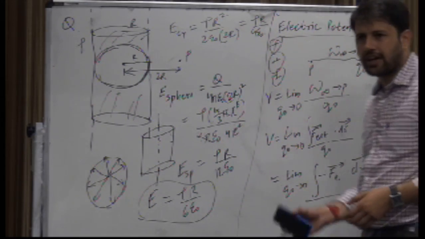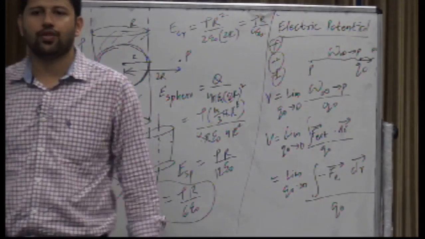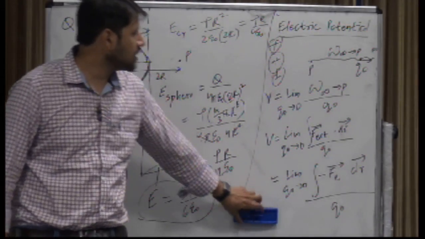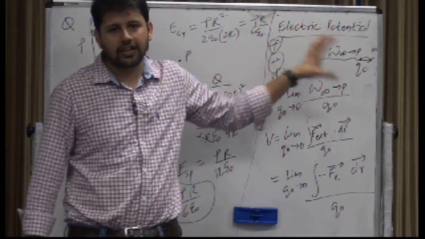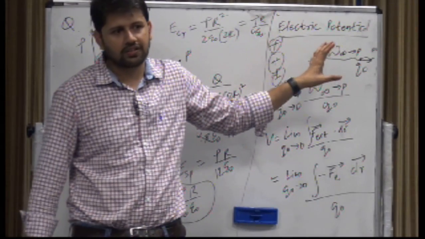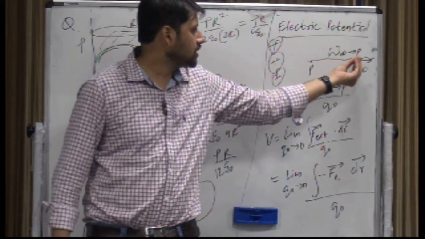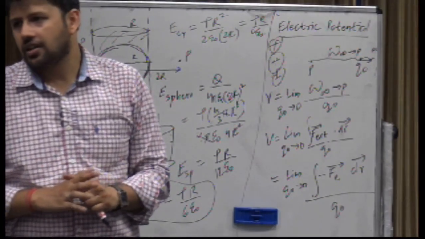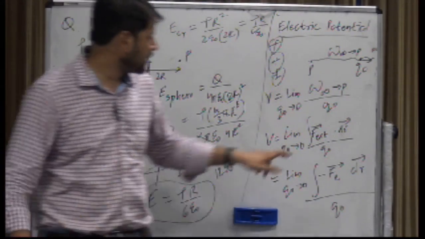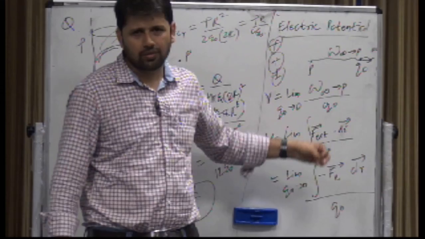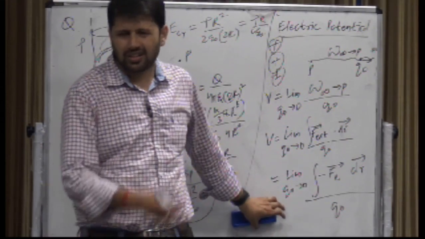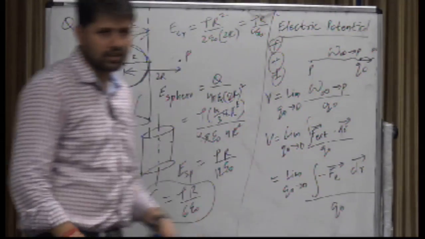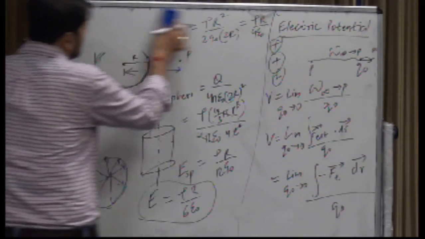Understand what I did? I just replaced the external force with the electric force. Why? Because the charge is moved slowly, you are not giving any kinetic energy to it. So to move the charge slowly, you need to apply a force just more than the electric force. We can assume it to be equal. But since the direction is opposite, I will take a negative sign here.